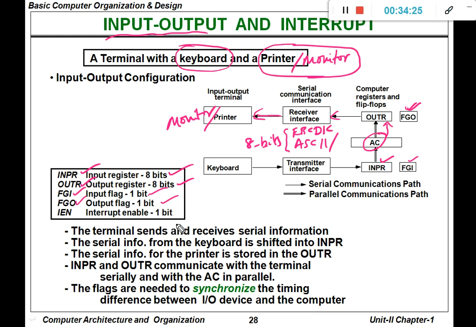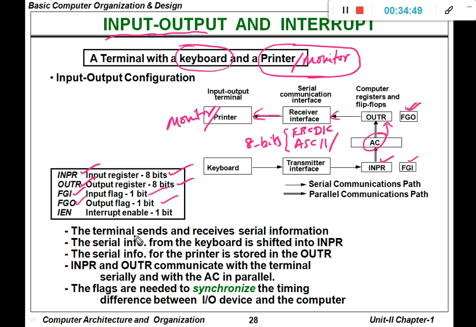We'll discuss interrupts in the next slide. As of now, you need to remember INPR, OUT-R, FGI, FGO. Based on the values of FGI and FGO, whether to receive the signal or stop the signal will be decided.